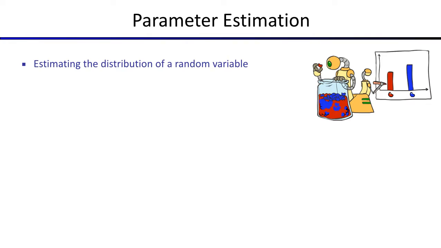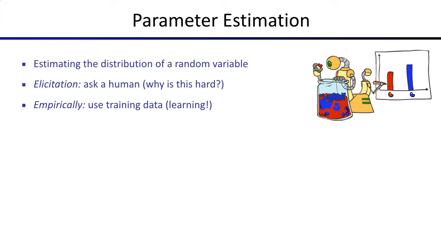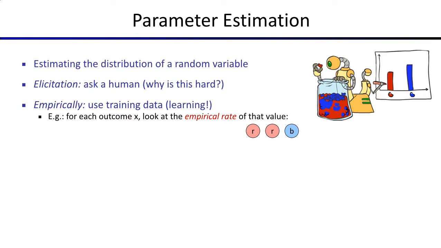So what we're doing here in this first pass at parameter estimation is basically the same thing. Where do parameters come from? Well, you can ask humans to write them down by hand, but humans are really bad at this and we don't want to do this. Instead, we're going to use training data, and the natural thing to do is to look at the empirical rate at which outcomes occur.